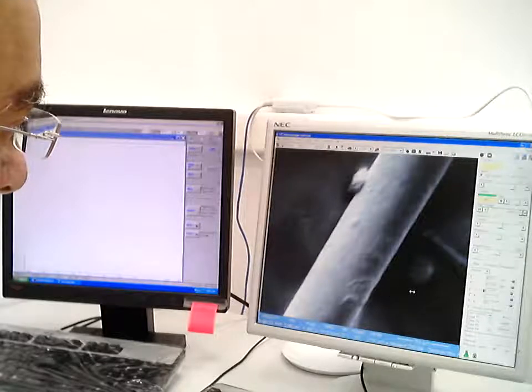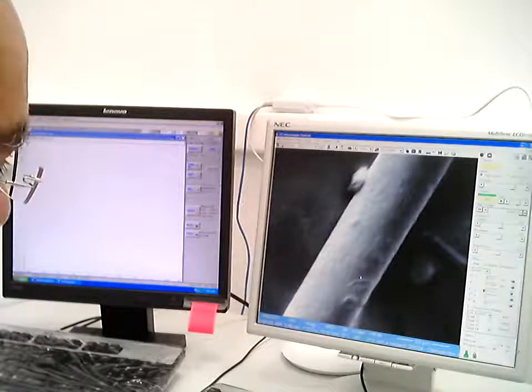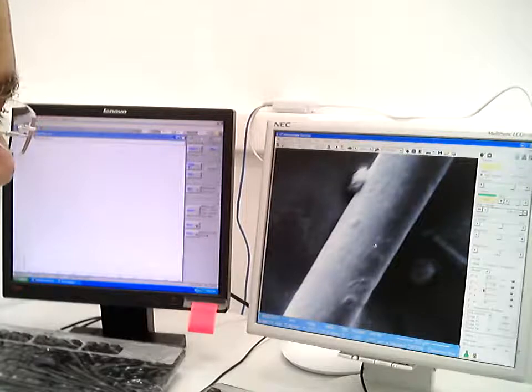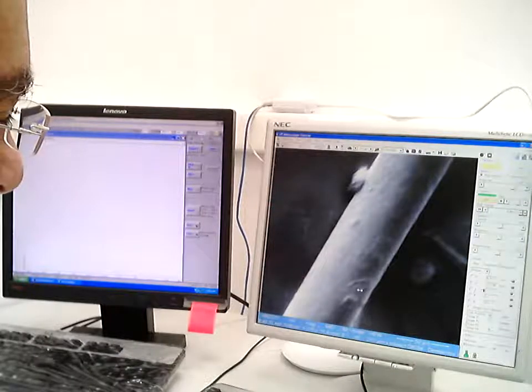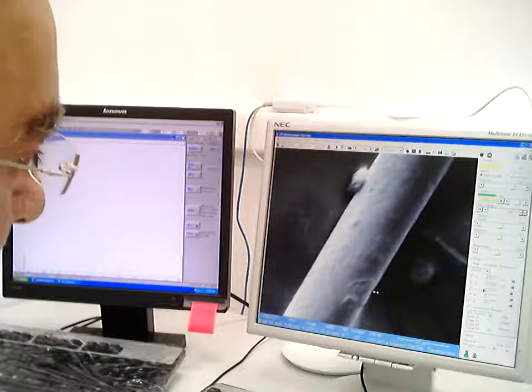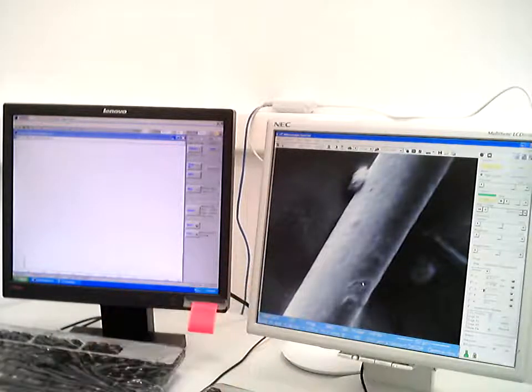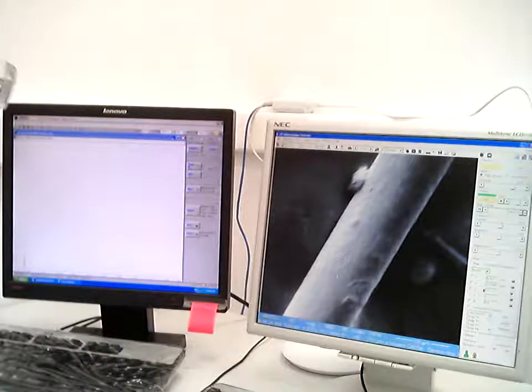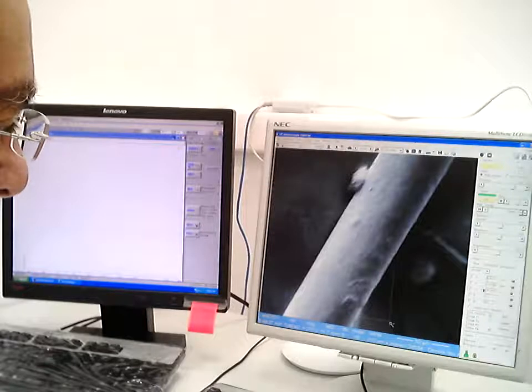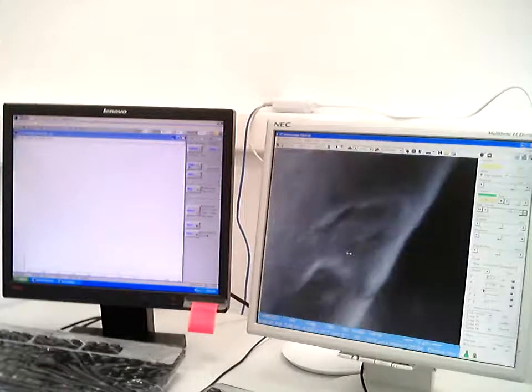It looks similar to a human hair, but these little pimples on the hair indicate that this is an animal. These are small items that you need to know as a forensic scientist. So this is probably an animal hair, and most probably it's one of the cats at home, because I took some hairs from my cats. All right.